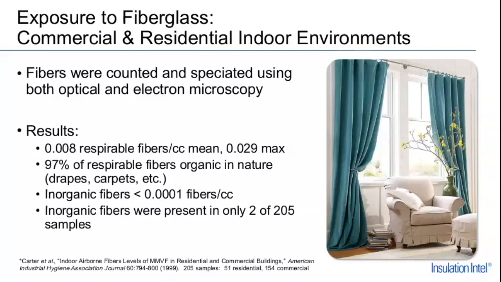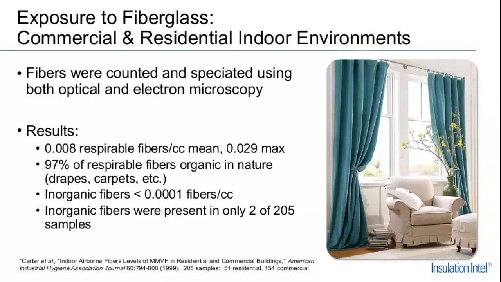The results found that respirable fiber levels in indoor environments are generally quite low, 0.008 fibers per cubic centimeter as a mean, and 0.029 as a maximum. Most notably, 97% of the respirable fibers accumulated in these indoor environments were organic in nature, so you're talking about fibers from drapes, carpets, dust, that sort of thing.